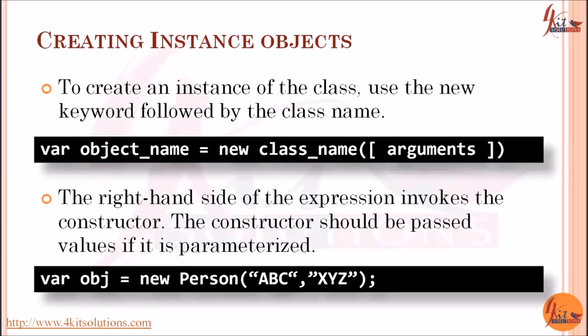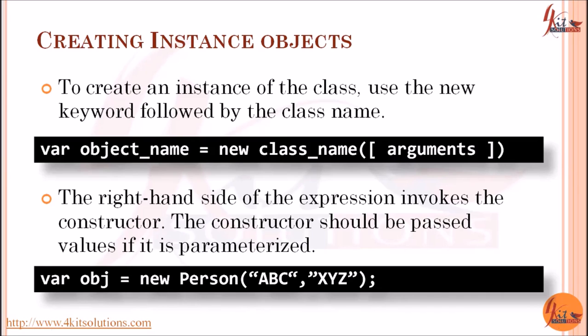So we have an object where object name equals new class name, and if the class constructor is taking some arguments, in the case of this class example that we have seen, it takes two parameters, fname and lname. To create an object of class person, we'll create it like this, where obj equals new person abc comma xyz. So abc would go to first name, xyz would go to lname.